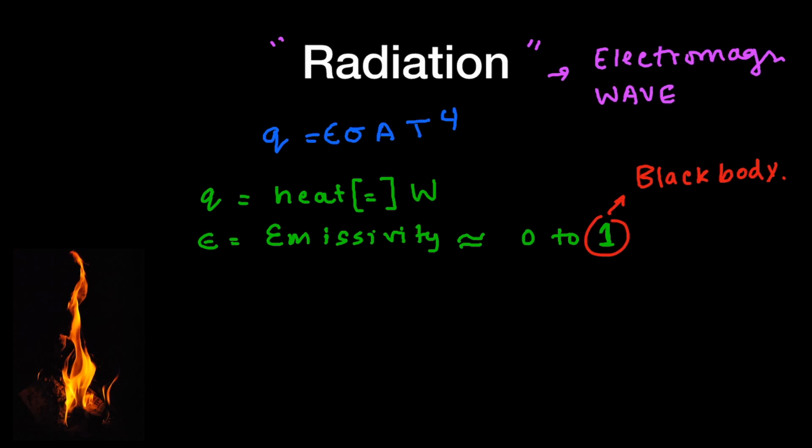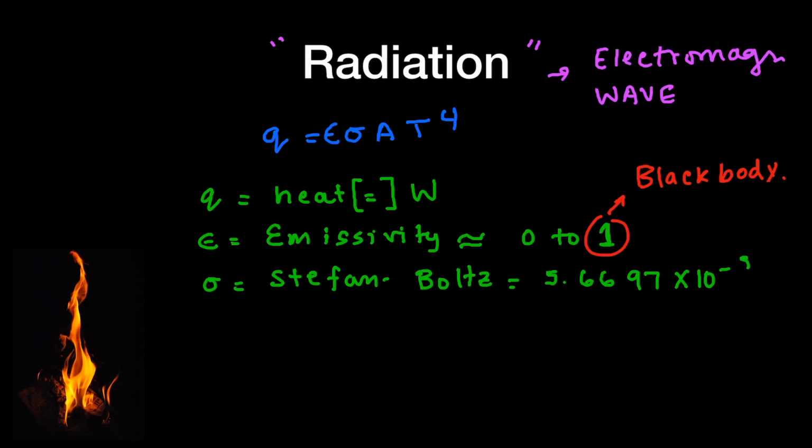Sigma is your Stefan-Boltzmann constant, and it is 5.6697 times 10 to the negative 9.